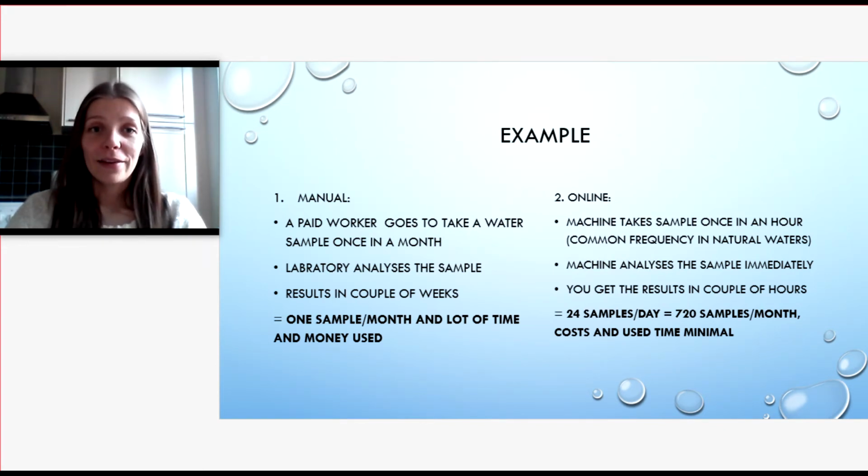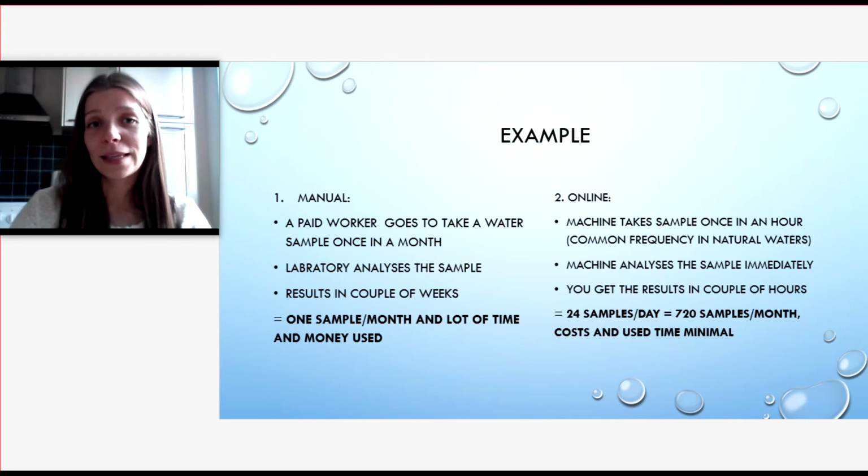Then there is online monitoring, where you have a machine that takes a water sample once an hour, which is a very common frequency in natural waters. The machine analyzes the sample and sends the results via remote connection in a couple of hours every day.